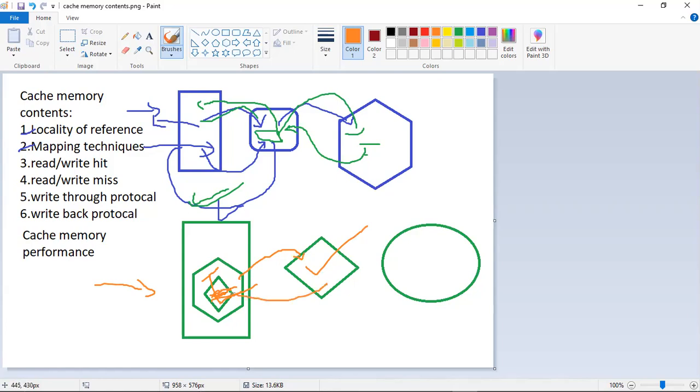If it is available, it directly gives access to the processor. If it is not available, it goes and checks the main memory, updates it into the cache memory, and gives it to the CPU, and finally that is shared with the user.